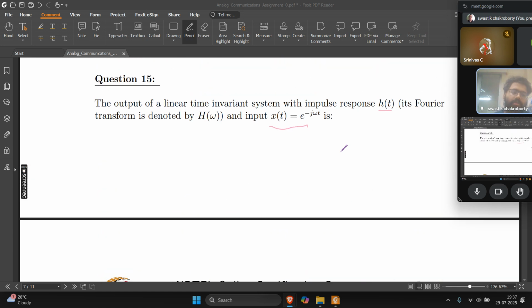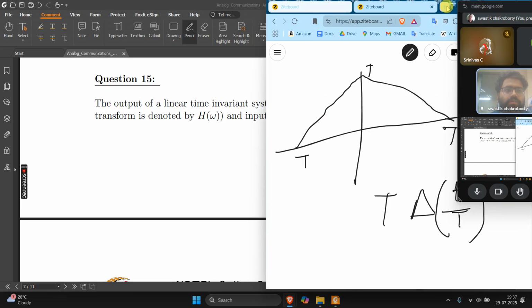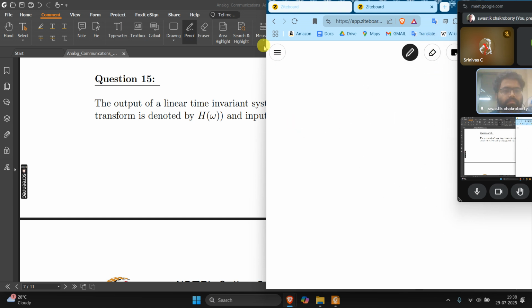So let's take a time domain convolution of e to the power minus j omega t and h(t). Let's do a convolution. What will be the convolution?